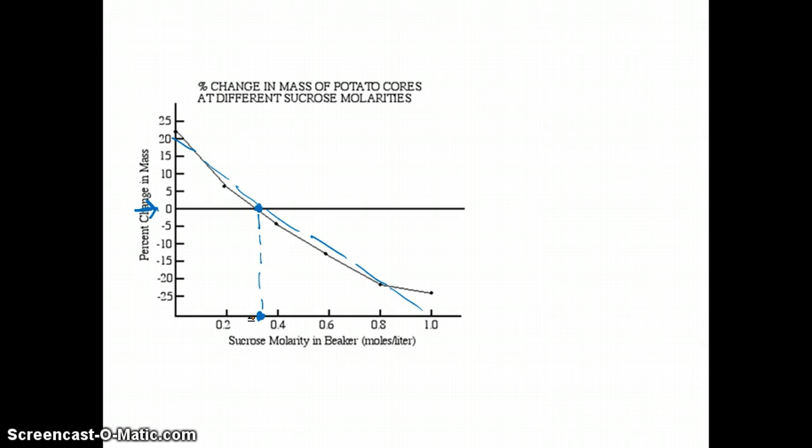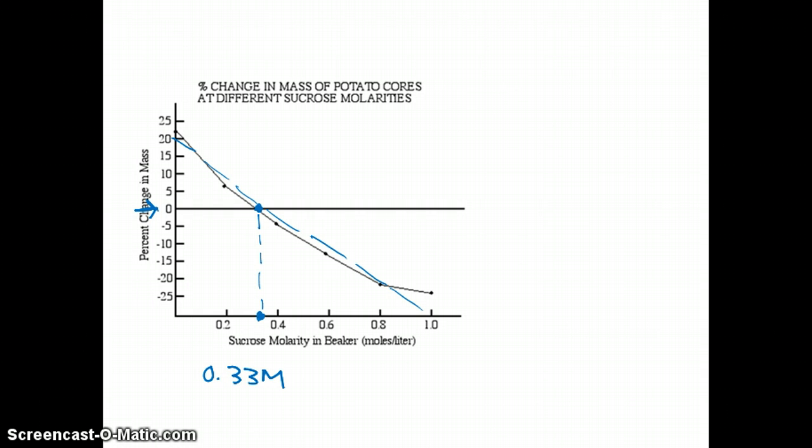Why? Because at dynamic equilibrium, the inside and the outside have the same concentration. So let's make this 0.33 molar for our cells.